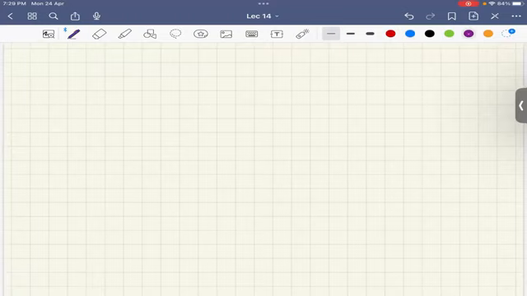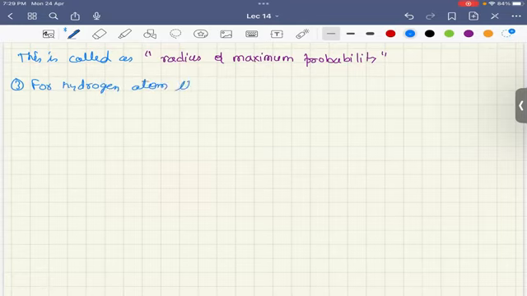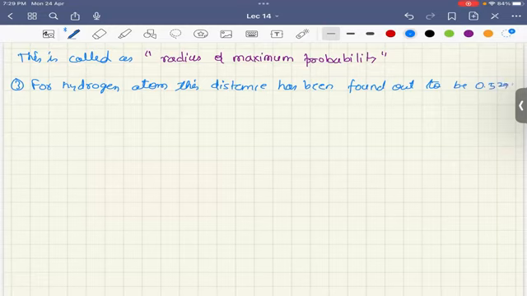And this is called the radius of maximum probability, right? For hydrogen, this distance has been found out to be 0.529 angstrom, right?